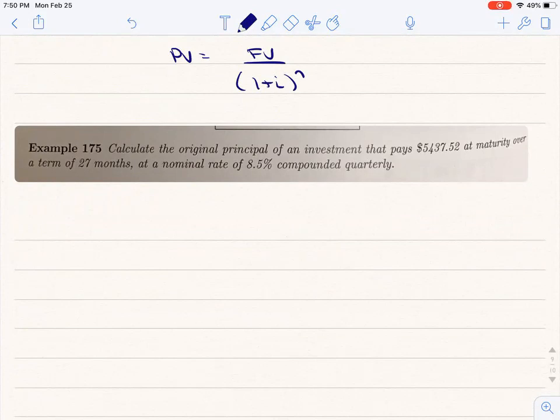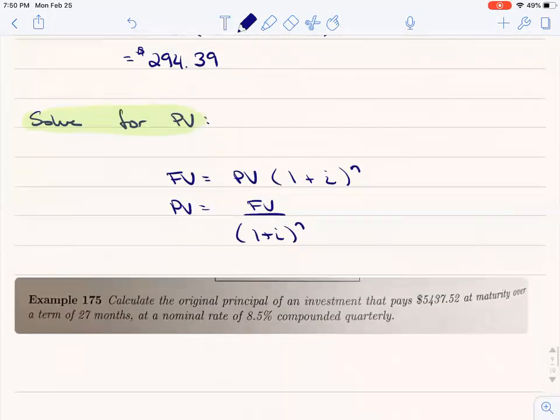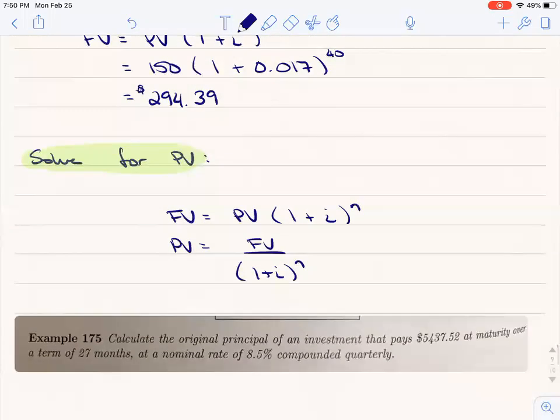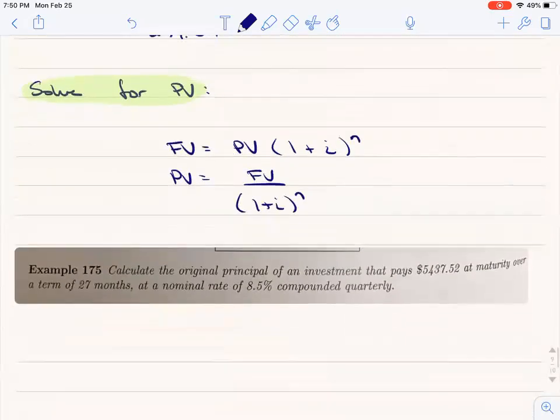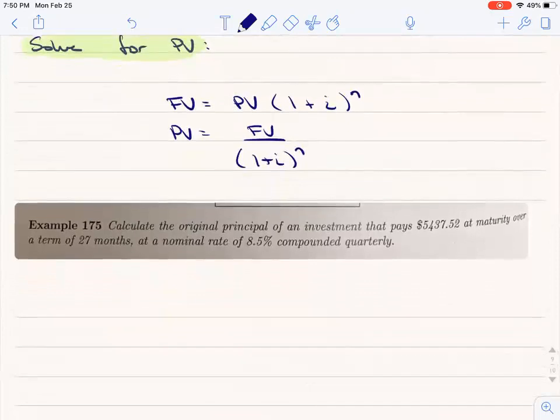So we're asked to calculate the original principal. Oh yeah, say when. Just there? No worries. I know I went crazy. So calculate the original principal, so the present value is what it's asking for, of an investment that pays $5,437.52 at maturity.